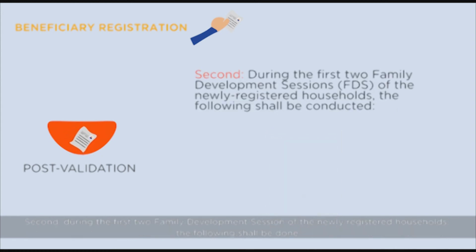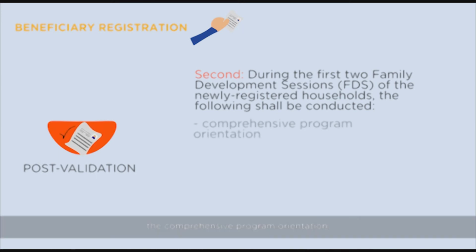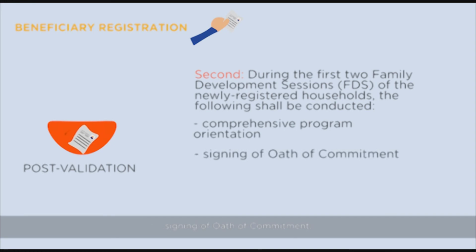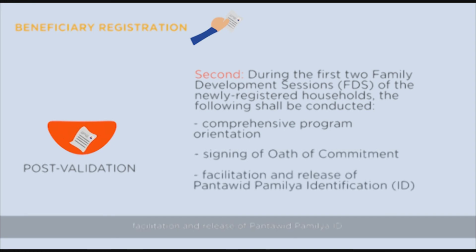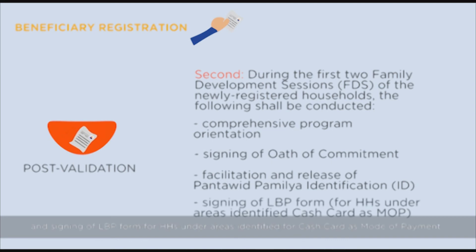Second, during the first two family development sessions of the newly registered households, the following shall be done: the comprehensive program orientation, signing of oath of commitment, facilitation and release of Pantawid Pamilya ID, and signing of LBP form for households under areas identified for cash card as mode of payment.